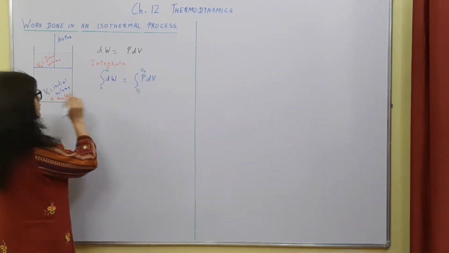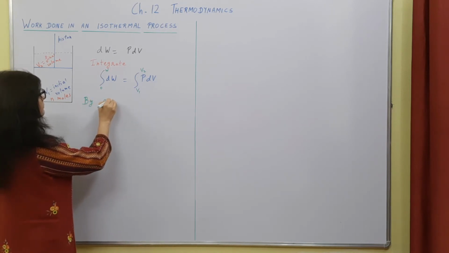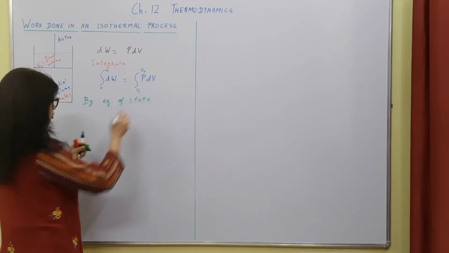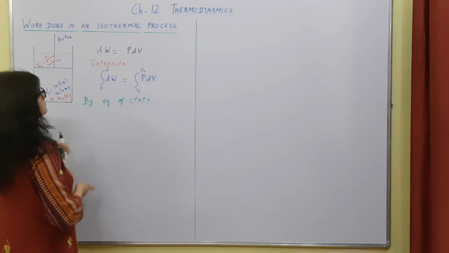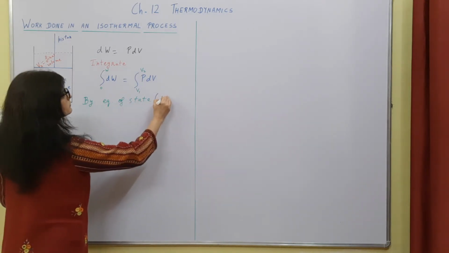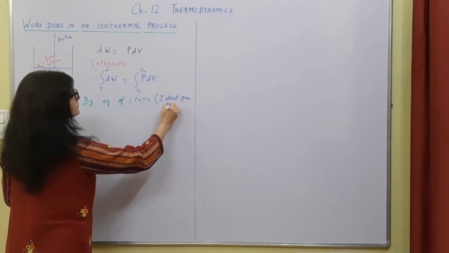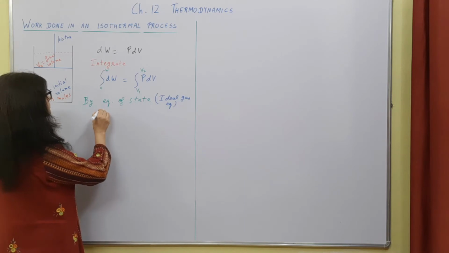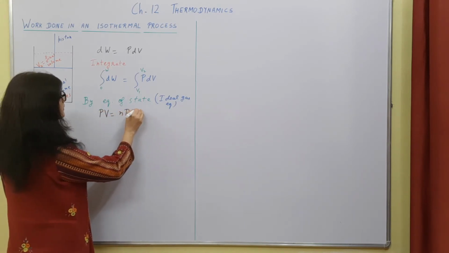Now from here we know that by equation of state, what is equation of state? This equation of state is also called the ideal gas equation. So from here PV is equal to nRT.